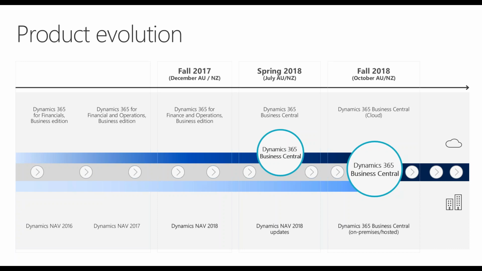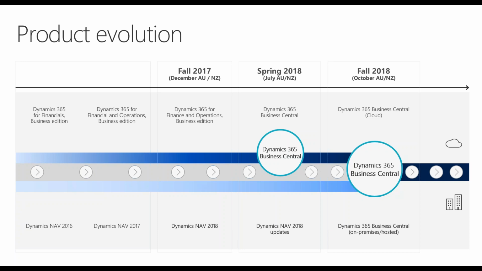In fall, which is October, that's next month, we will release an update to Dynamics 365 Business Central, which has some core functionality around insights, but also makes the web client more productive for users. And we will also release the on-premise hosted version of Dynamics 365 Business Central with the intelligent edge, enabling you to connect it back to the cloud if you need to.